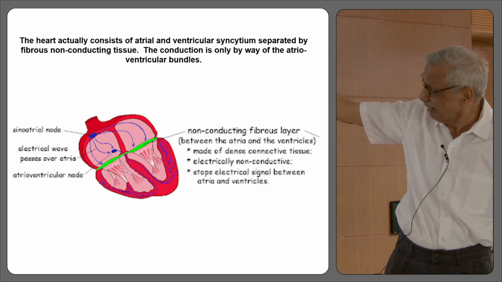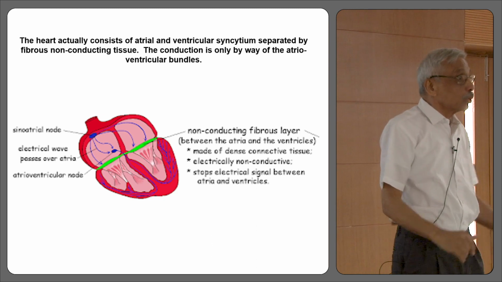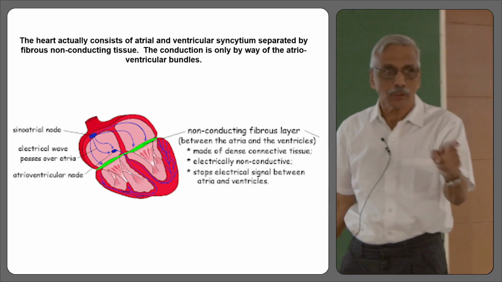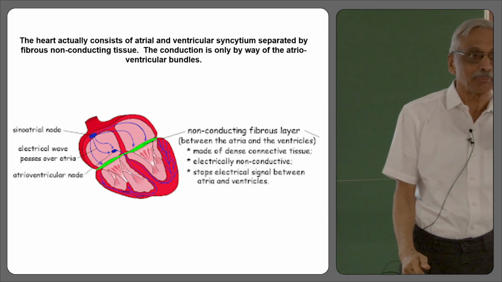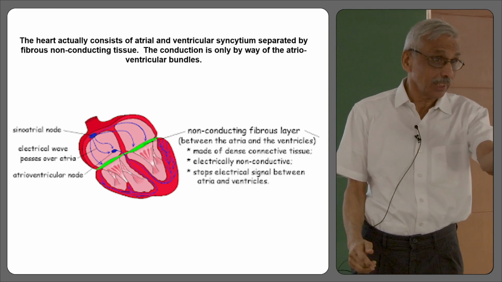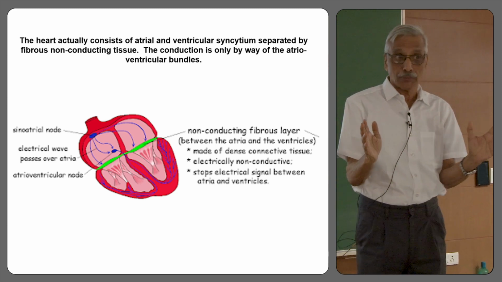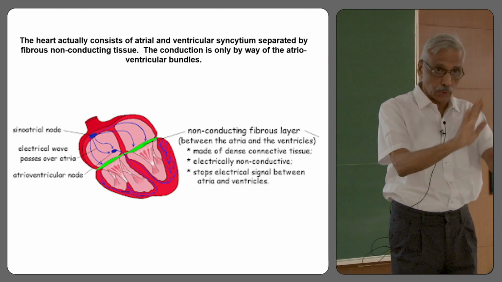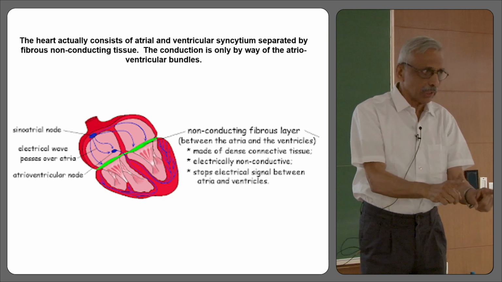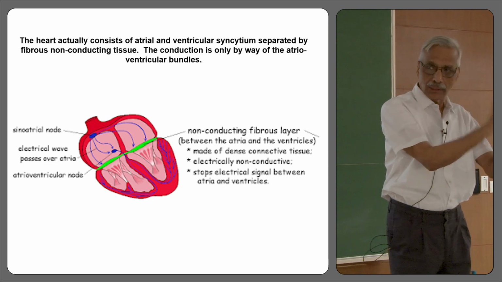You read that: non-conducting fibrous layer. So how will the information go from the auricles to the ventricles? Only by way of the conducting system. Nature has provided a definite conducting system, and nature says you better follow that conducting system, otherwise I will not let the information go randomly from auricles to ventricles.